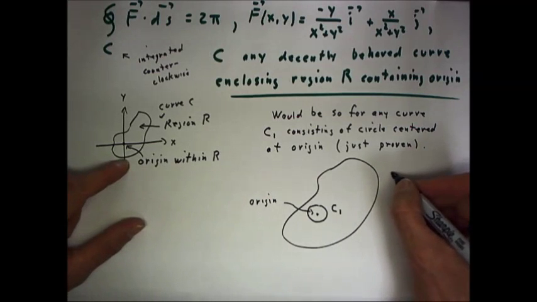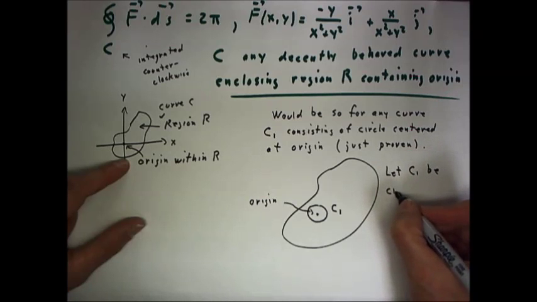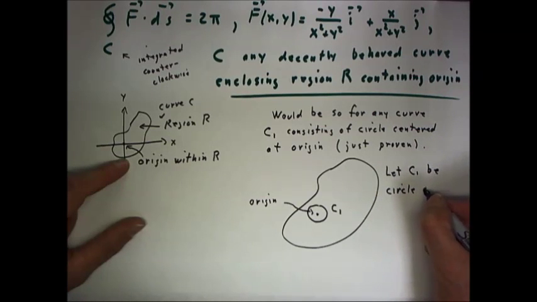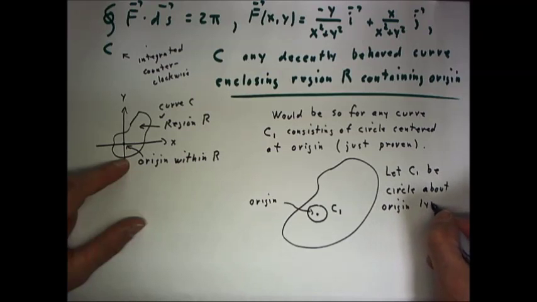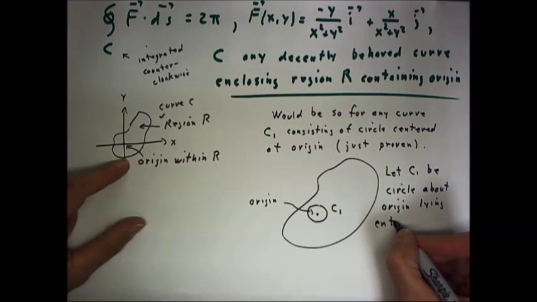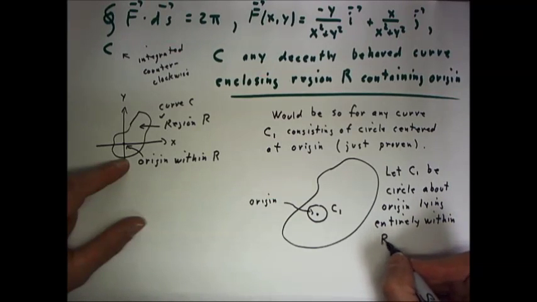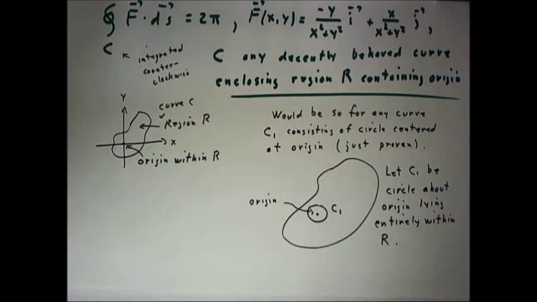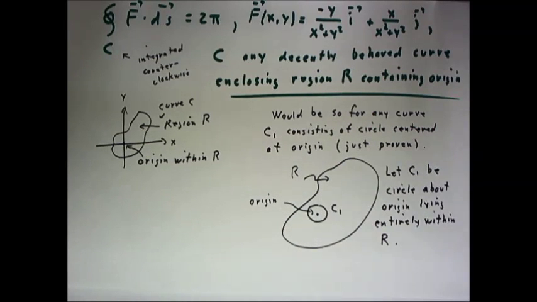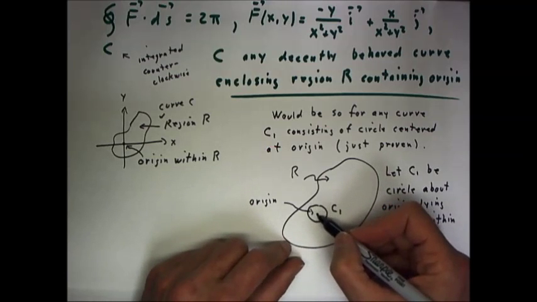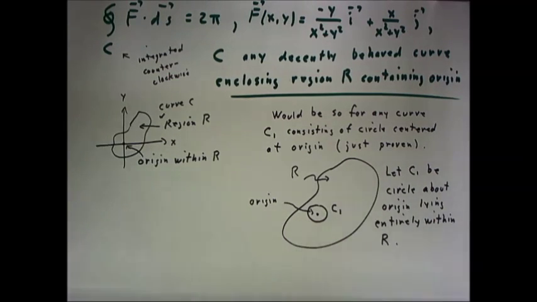Let C1 be a circle about the origin, lying entirely within our region R. Since the origin lies in the region R, there's got to be a little room around the origin, enough room to draw at least a tiny circle centered at the origin.